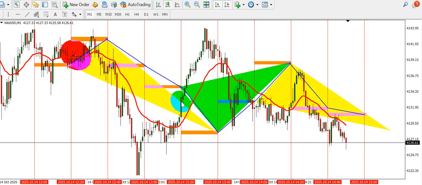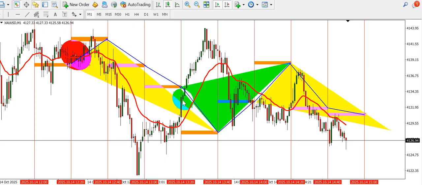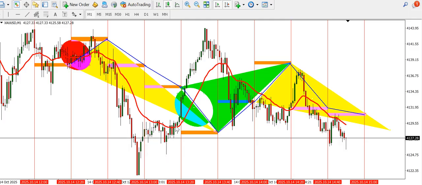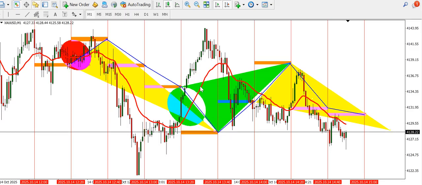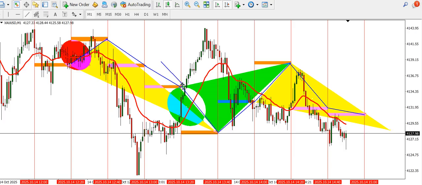Just like what we have around here. Around this point, this is a resistance, this is support, and you see price from this low slides between. And that's bullish. In short, a break above this is where you enter your trade.